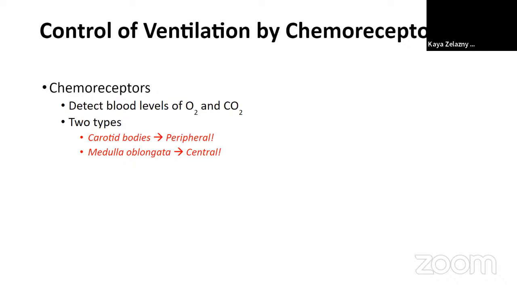But first, we're going to think about where they are. One type of chemoreceptor we're going to see is in the carotid body. I think you saw, or will see in lab, where your carotid artery splits into internal and external. You saw that carotid sinus. At that split, we have the carotid body.